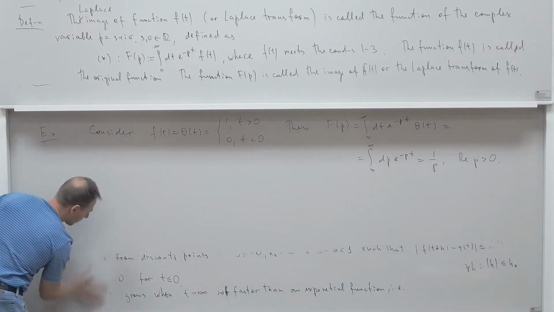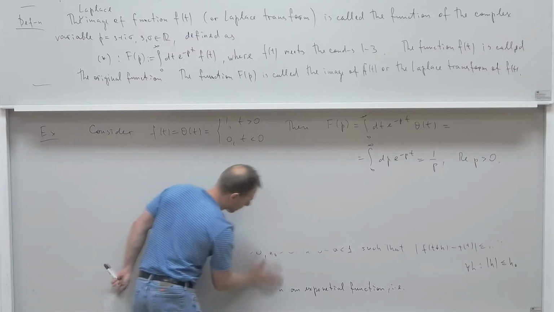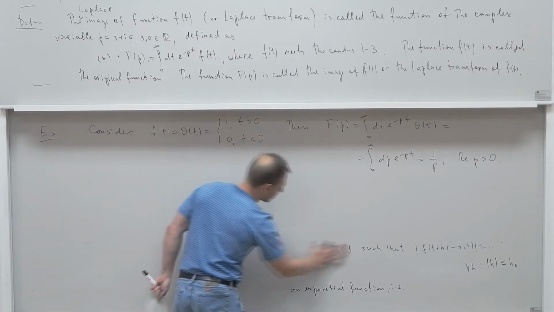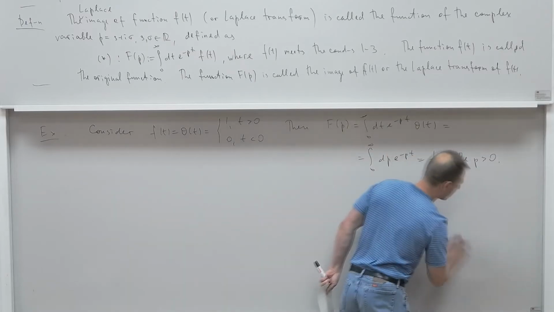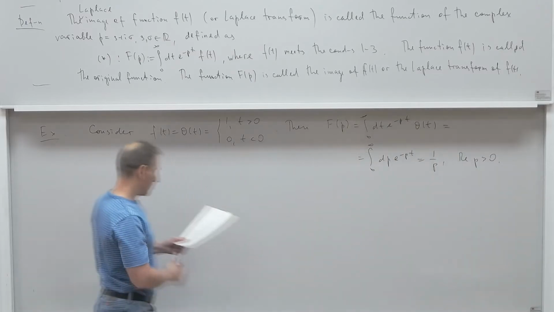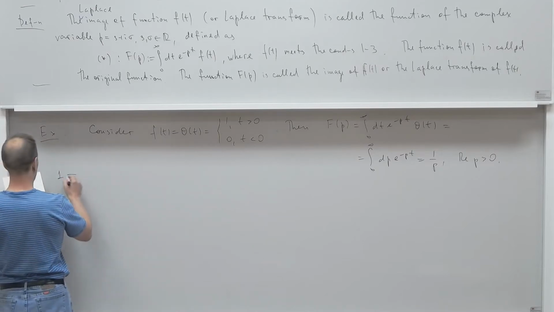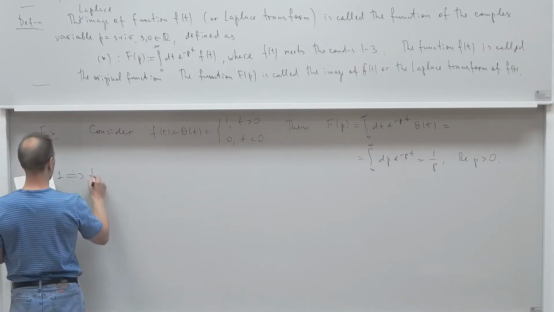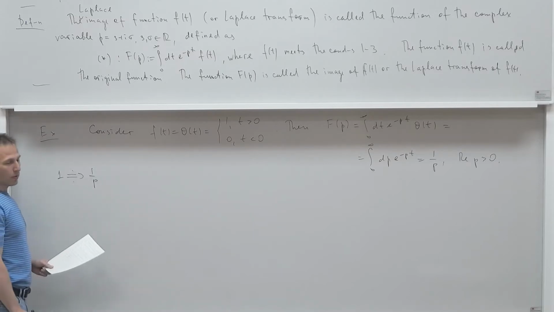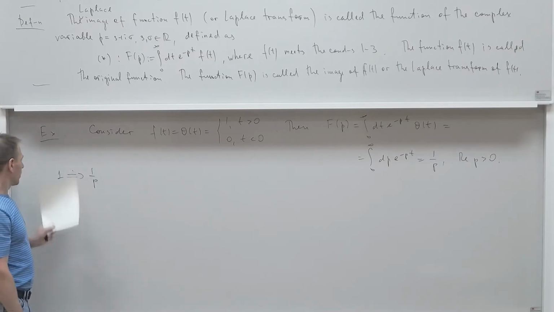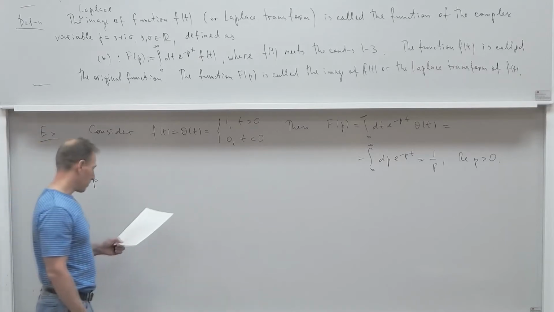Okay, and this fact can be concisely written in the following form: theta of t is transformed into 1 over p, and this sign means the Laplace transform.